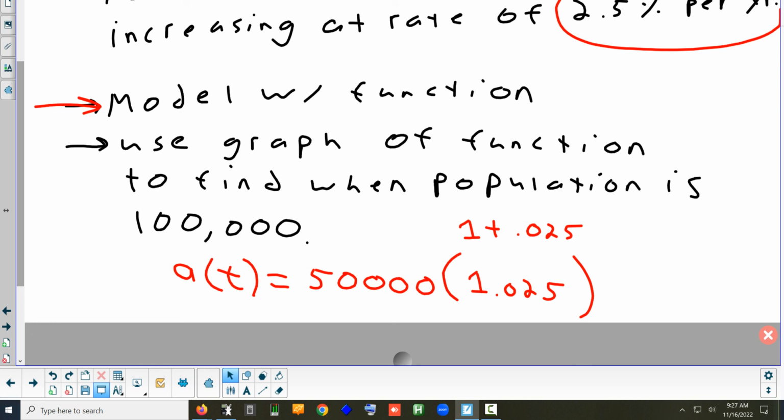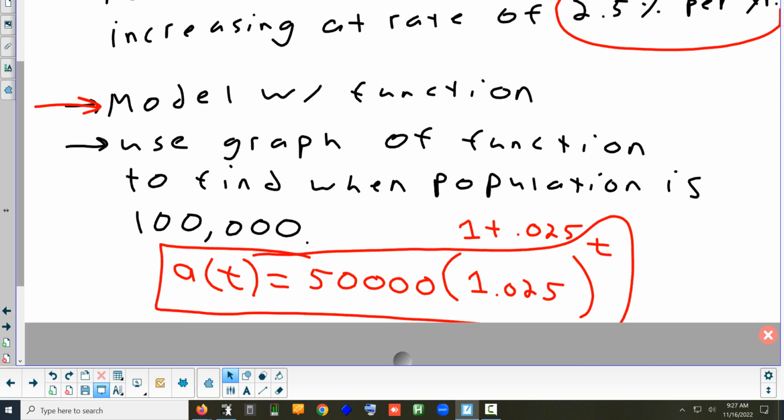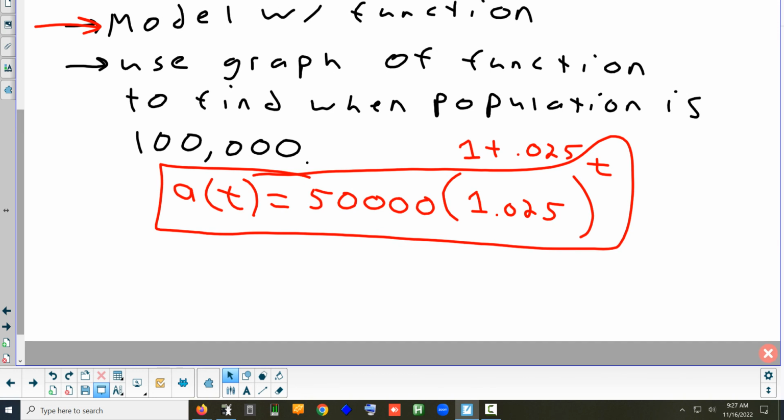That's the last thing that's missing. The time. So that's raised to the power of t. So there's your formula. That's the first part. So any questions on how we set up our formula?